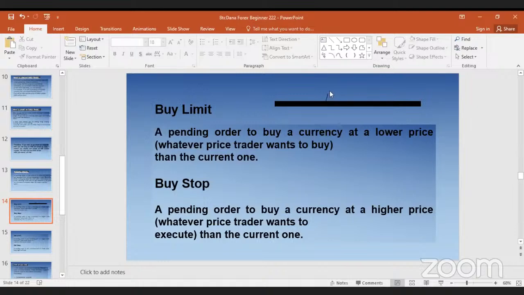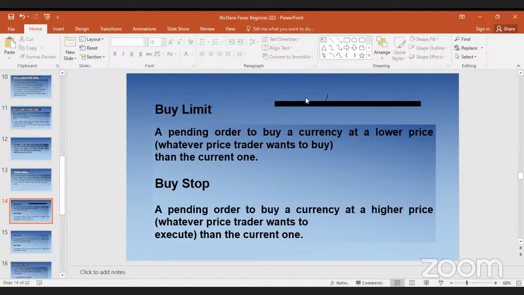So buy stop comes in when you want to place a buy order on an already buying market. The market is going up. You want to set your buy stop around this area, so that when the price moves up to this point, it is going to continue to buy.